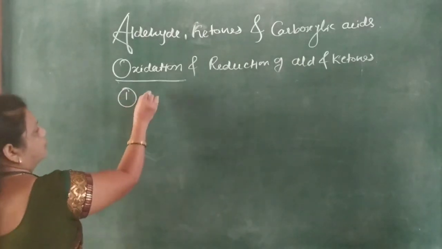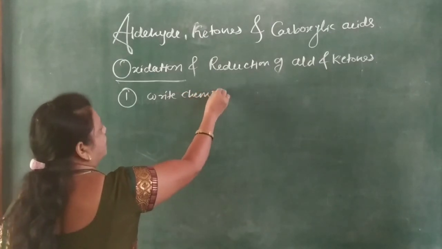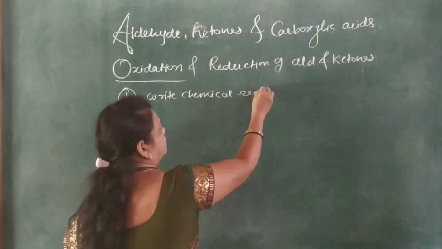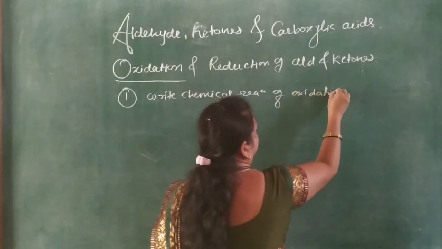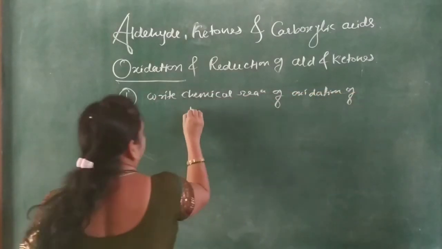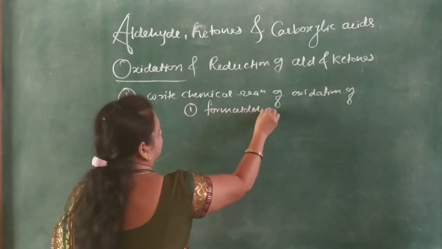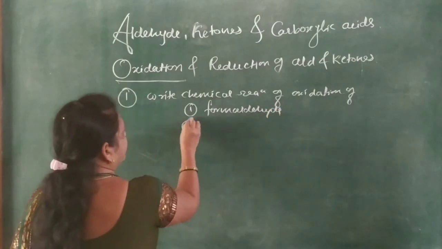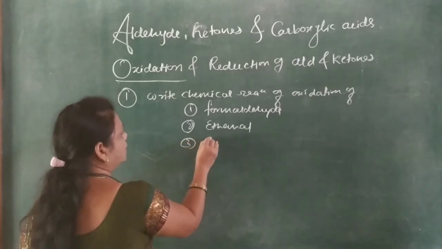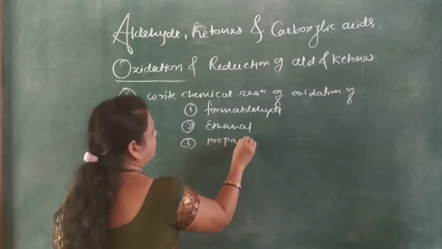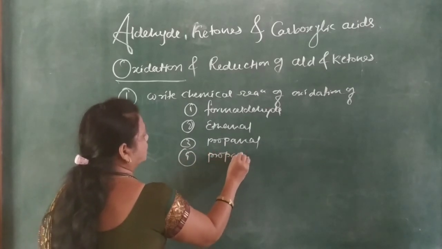First, write chemical reactions of oxidations of one formaldehyde, second ethanol, third propanol, fourth propanone.